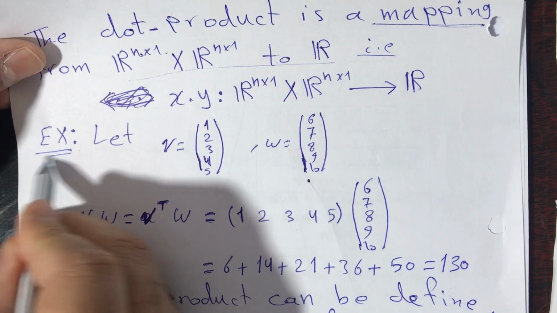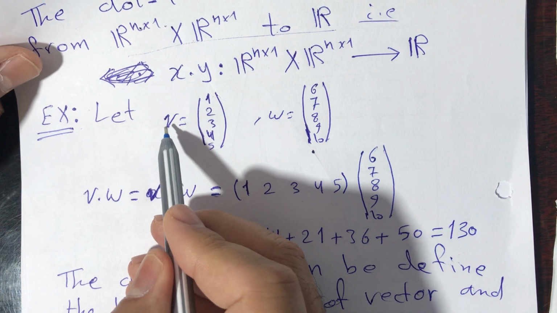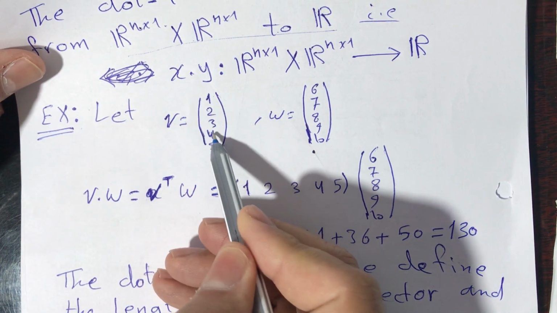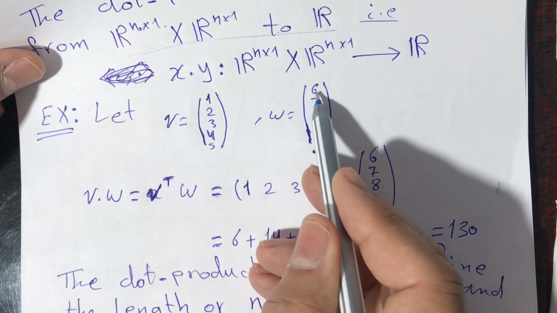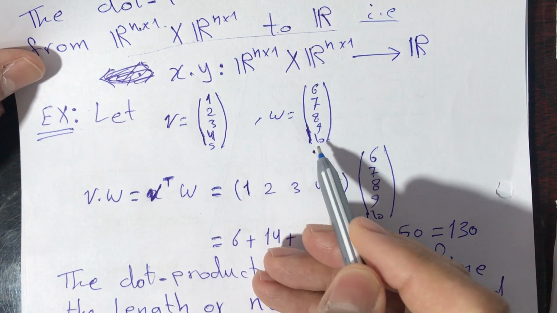Now we take an example. Let V = (1, 2, 3, 4, 5) and W = (6, 7, 8, 9, 10).